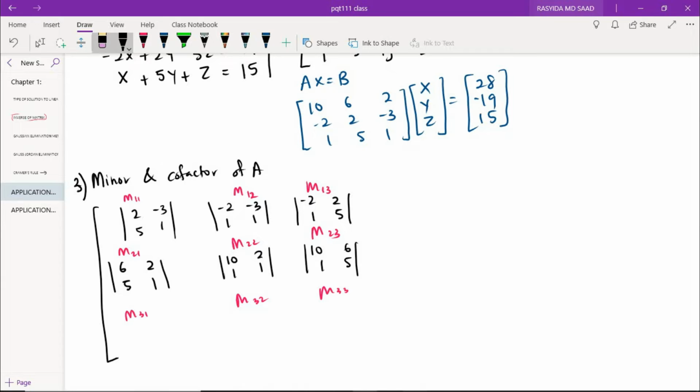And then for M31, it is the determinant of 6, 2, 2, negative 3. Then M32 will be 10, 2, negative 2, negative 3, and M33 will be 10, 6, negative 2, 2.